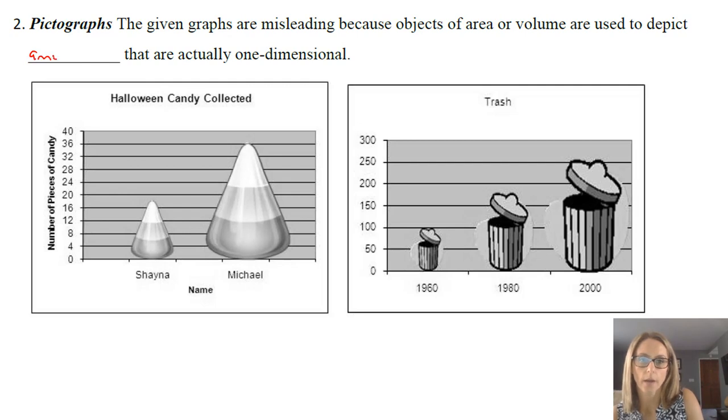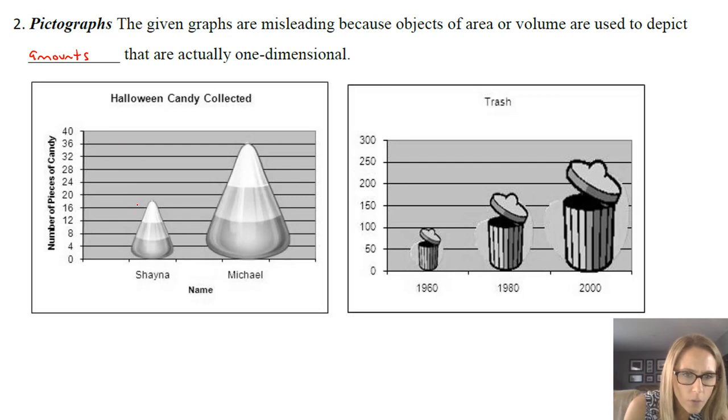And it's doing that for different amounts. So for the Halloween candy, you can see that Shayna collected, it looks like, maybe 18 pieces of candy. And Michael over here with his 36. So Michael got double what Shayna got.